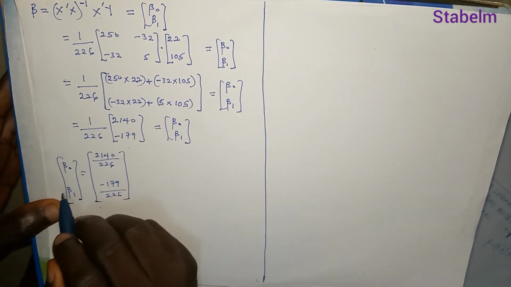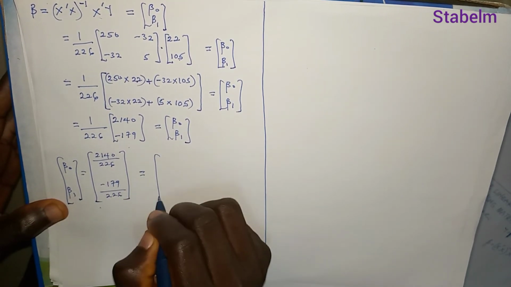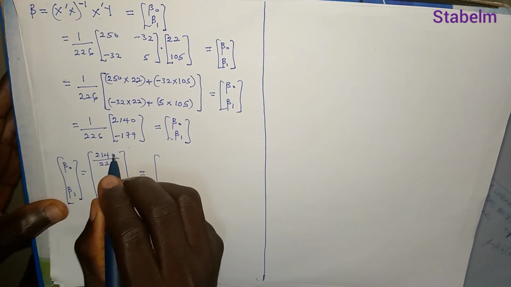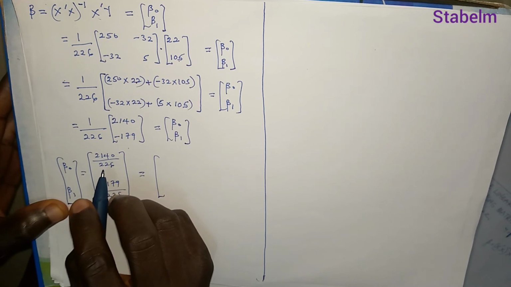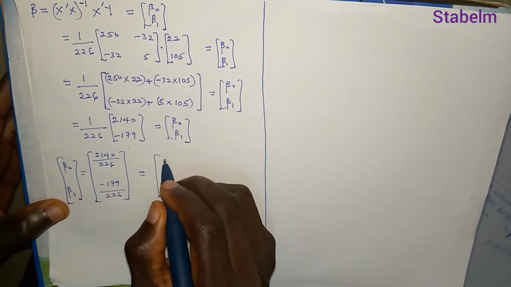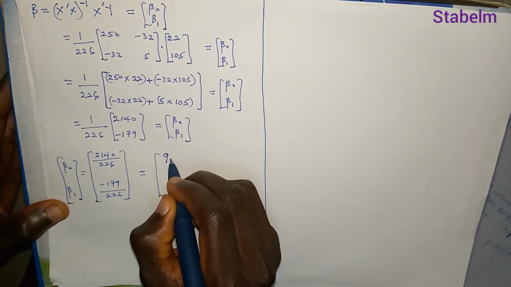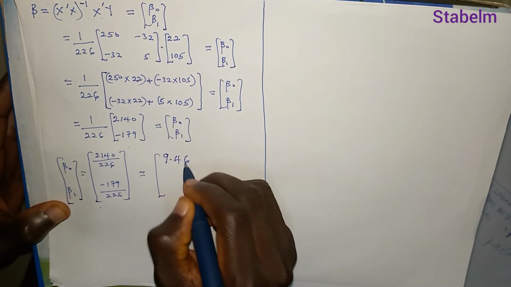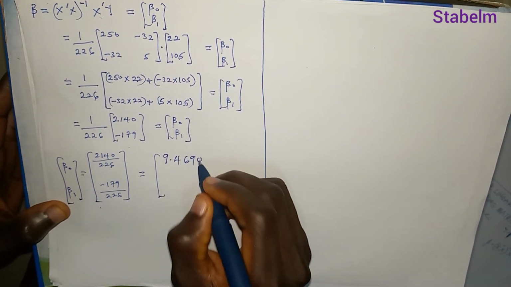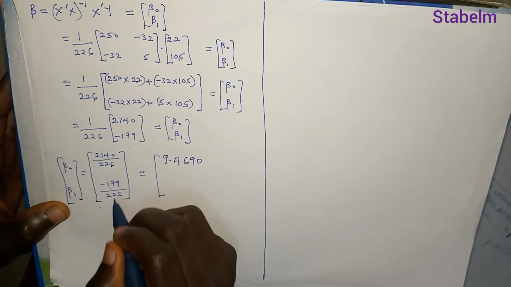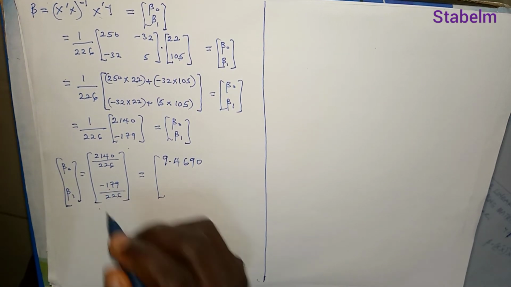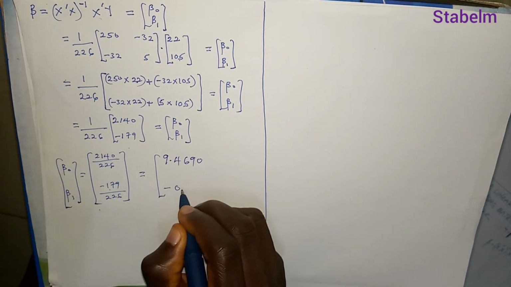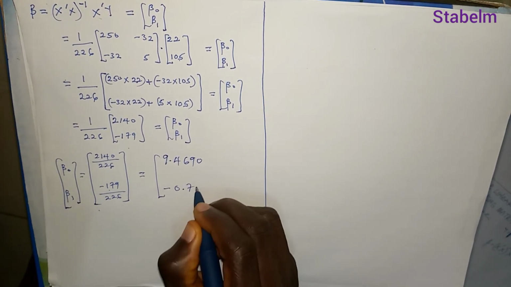This beta naught, beta 1, write it here, and this will be equal to 2140 divided by 226. That will give us, by calculator, 9.4690, and minus 179 divided by 226, by calculator, will also give us minus 0.7920.